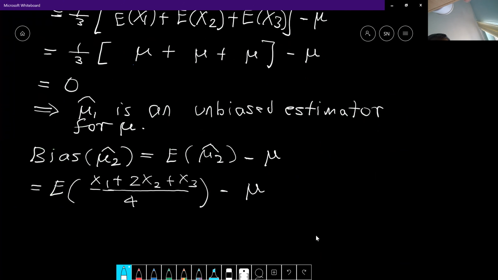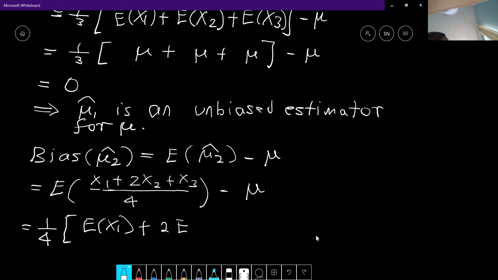Taking the expectation inside, you get a quarter of the expectation of x1, plus 2 times the expectation of x2, plus the expectation of x3.